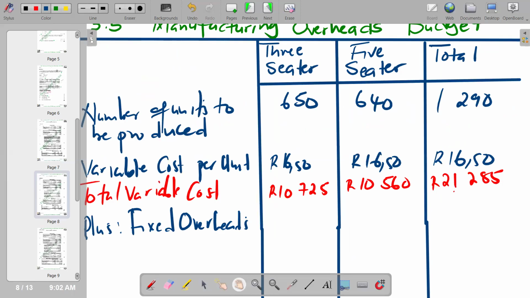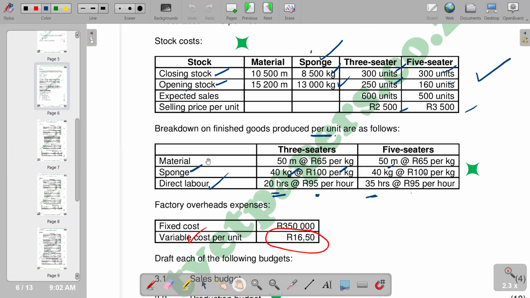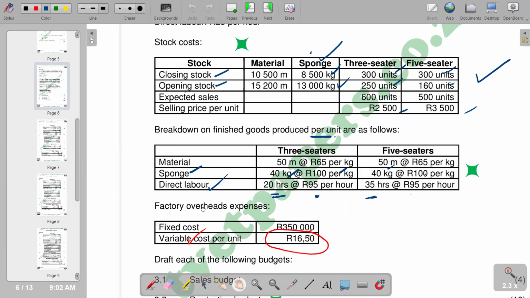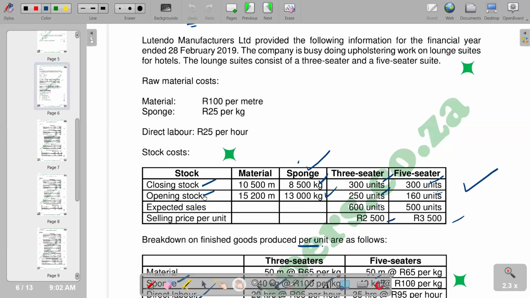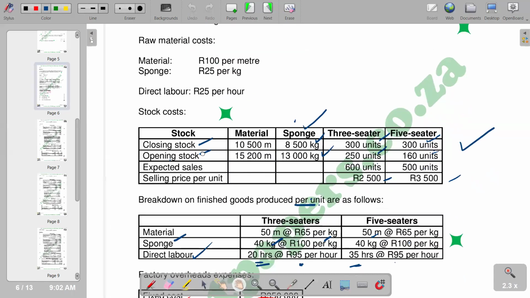So let's see what the fixed overheads are according to the information that we have.